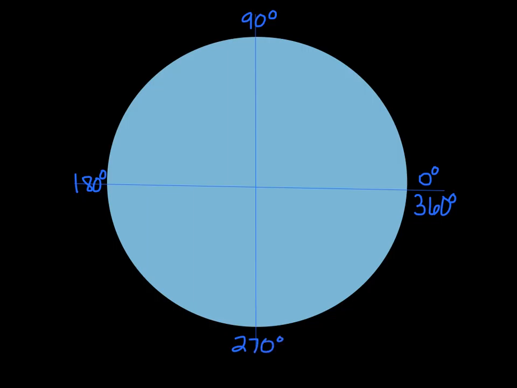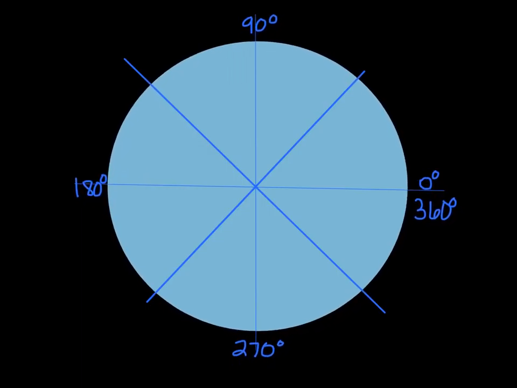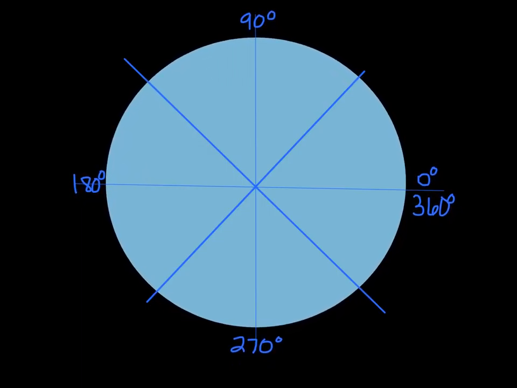Then we can divide it even further. So if I divide it up even further like this, well, that's not what I wanted to do. Sorry, get the pen out. That's 45 degrees. And between 90 and 180, halfway between is going to be 135 degrees.